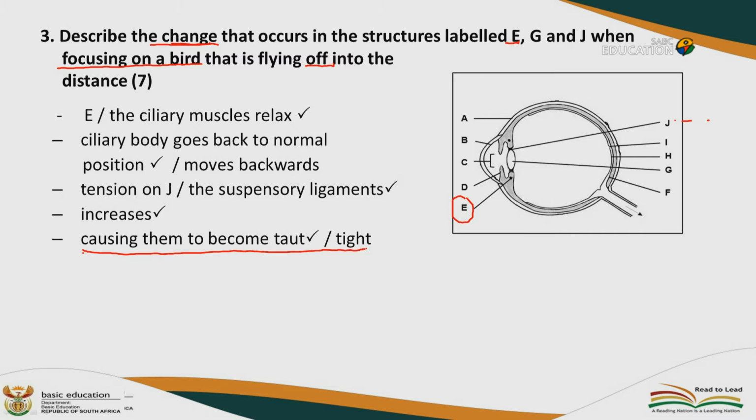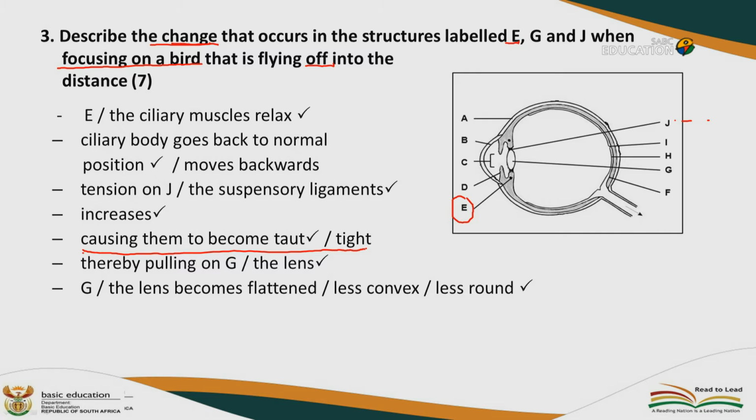Light will enter the eye, because the lens will be flatter, banana shape. It will not be rounder, it will have stretched. And remember, grade 12's 7 marks. So what we expect you to have written: the ciliary muscles, which is E, relaxes, the ciliary body goes back to its normal position and it moves backward.